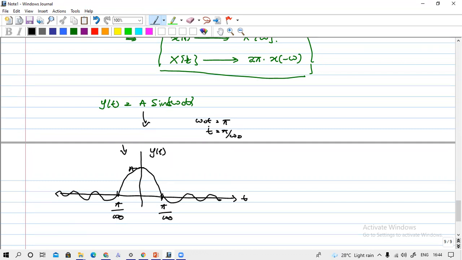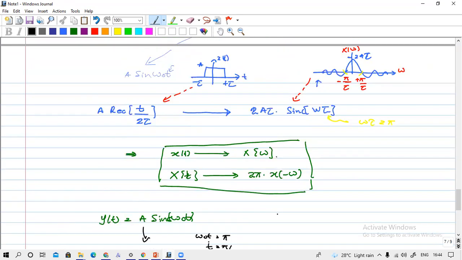Now this is our time domain signal, and we are asked to find its Fourier transform. You know that if we have a rectangular pulse, its Fourier transform is a sinc pulse.